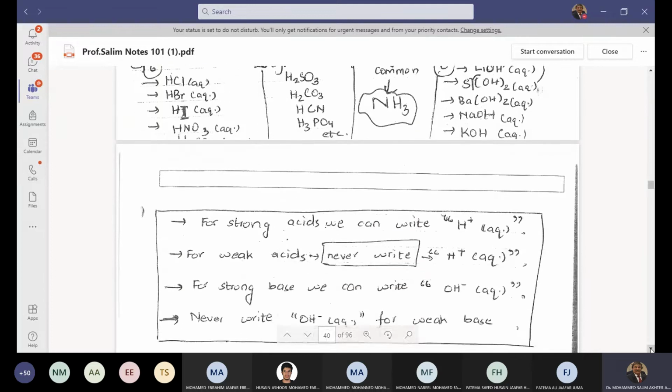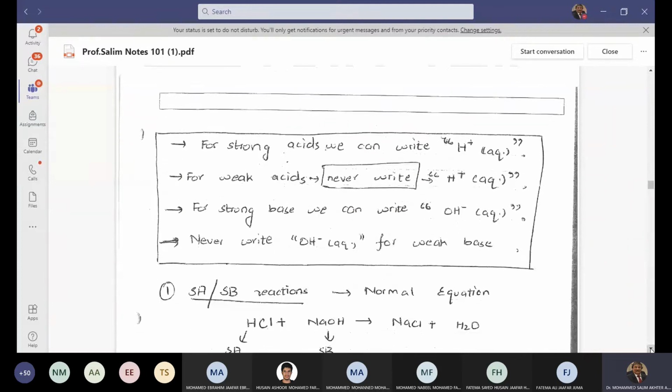And now we are talking about a very, very important point. In any chemical reaction, I can write down H plus if it is a strong acid. But for a weak acid, I can never ever write H plus.